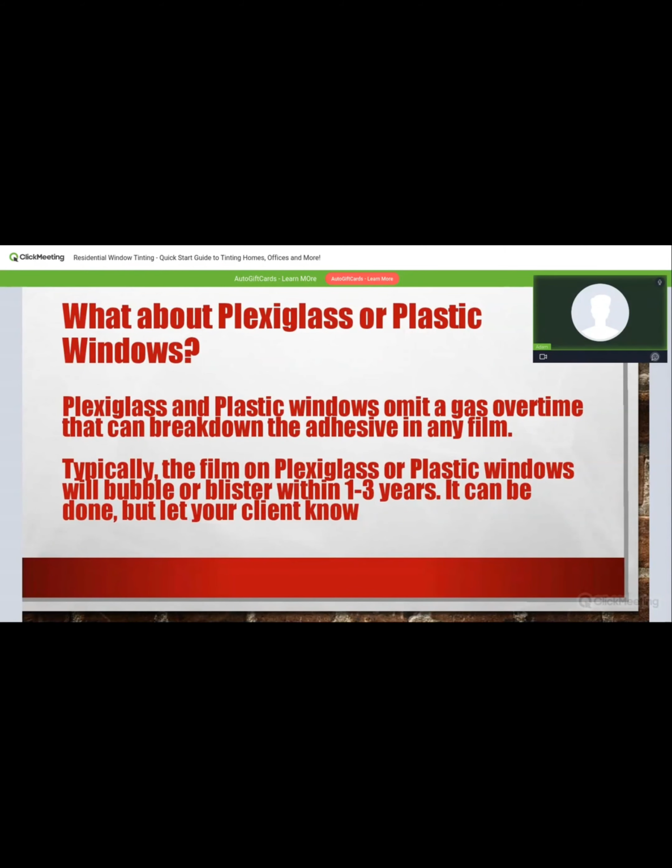The reason it bubbles so fast, no matter what kind of film you use, whether it's automotive or residential, is because there's a gas in the actual plexiglass. When it's heated up constantly by the sun, it emits a gas that breaks down the adhesive in the film and causes it to bubble. Depending on how much sun the boat or the house gets, we typically see this happen in 1 to 3 years.